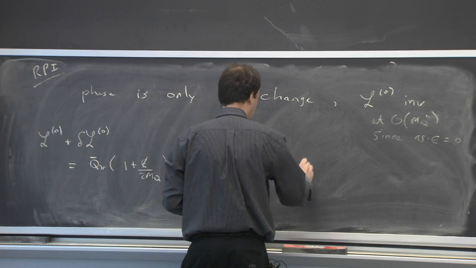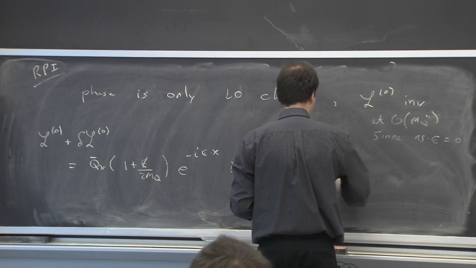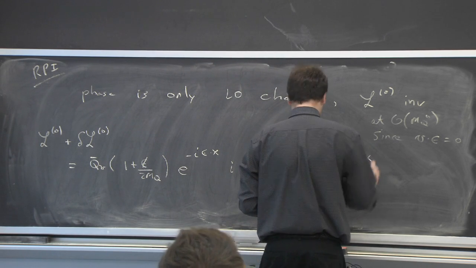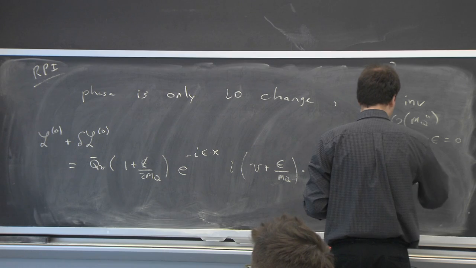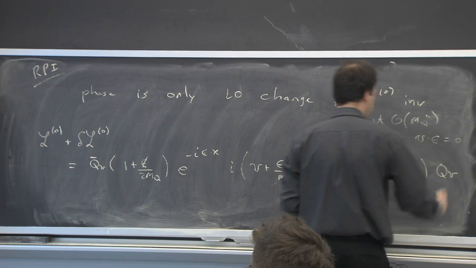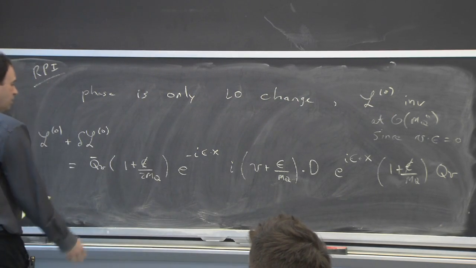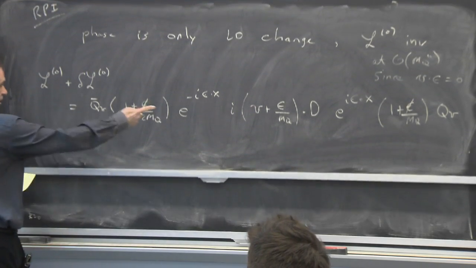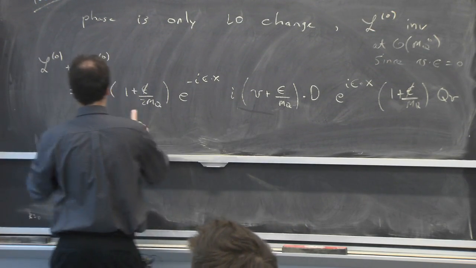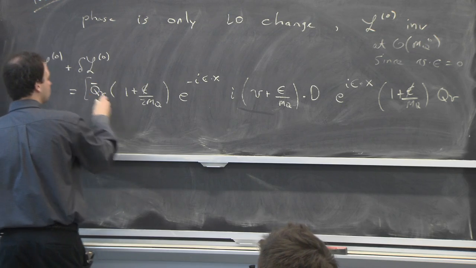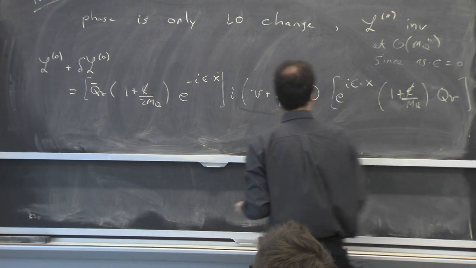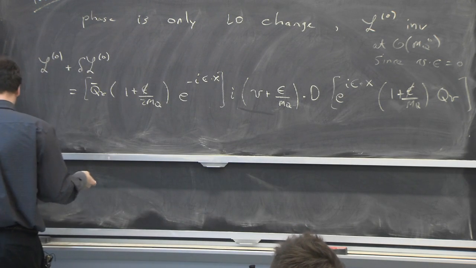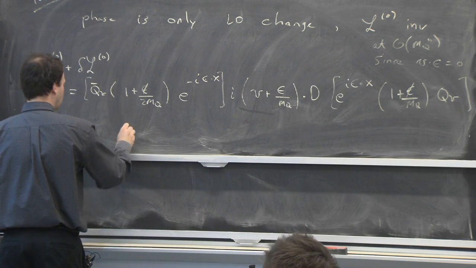So let's just write out all these things. Transforming everything. This is our leading order Lagrangian after imposing the field change as well as the V change. The V dot D becomes this, and the field becomes that. So there's 3 things here that are being changed. Expand this out.